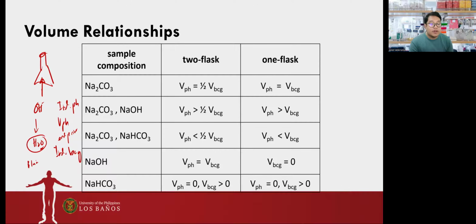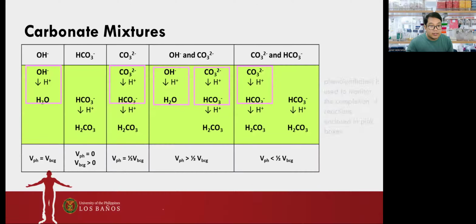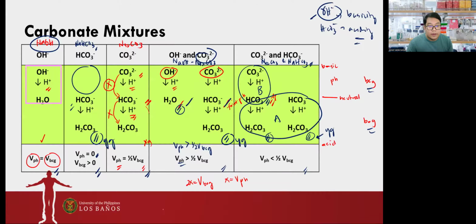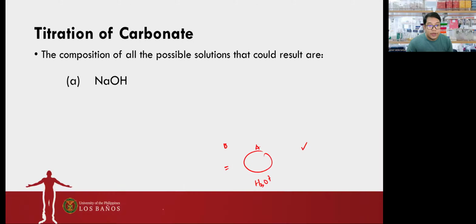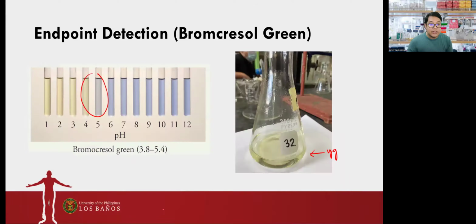Tapos, upon addition of very, very small amount of titrant, bakit siya blue? Kasi nasa pH 7 tayo ngayon. Kasi neutral to eh. As we can recall dun sa endpoint natin kanina. Yan. At pH 7, ang bromocresol green ay color blue.